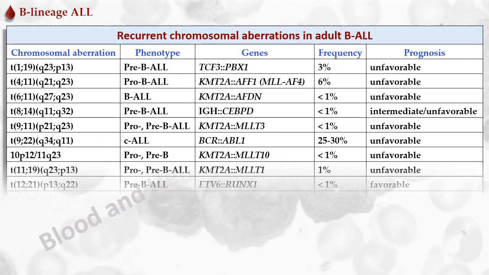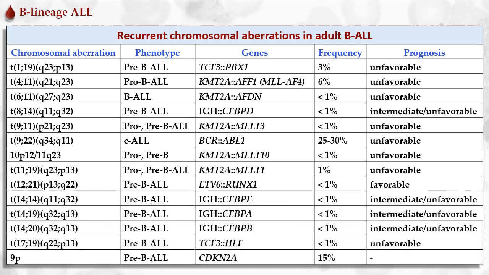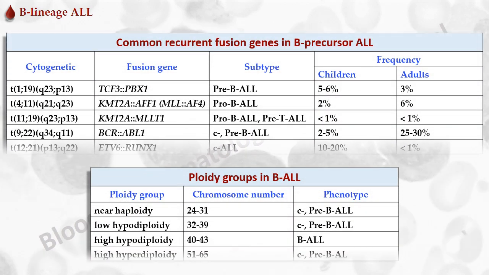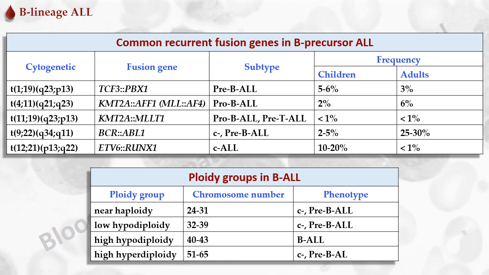Recurrent chromosomal aberrations in adult B-ALL are listed in the table. Common recurrent fusion genes and ploidy groups in B precursor ALL are shown in the tables.